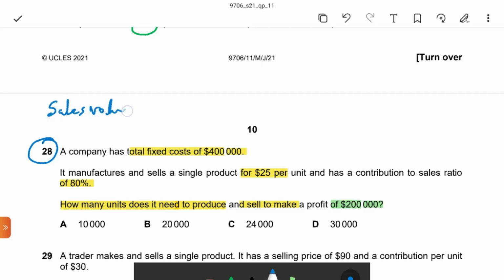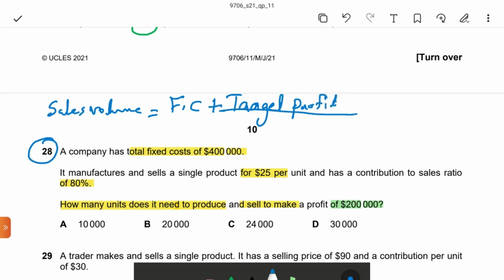Sales volume is equal to fixed cost plus target profit divided by contribution margin ratio.